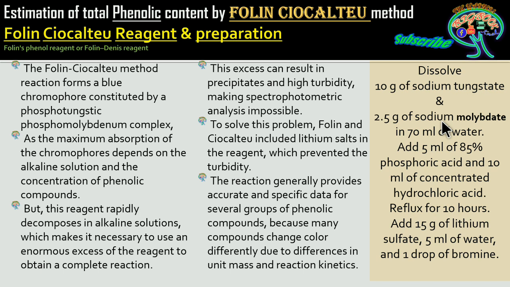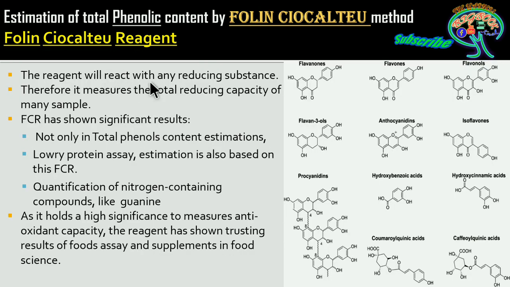Now further, in the next slide, the reagent will react with any reducing substance. So here it does not stick specifically to any one product. I mean to say that it is not restricted to any one kind of phenols or polyphenols or free phenols; they can react with any of the reducing substances.